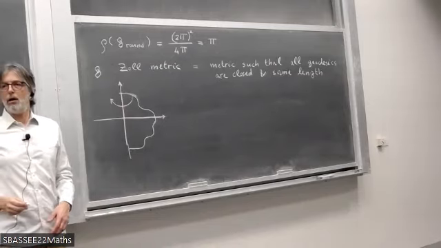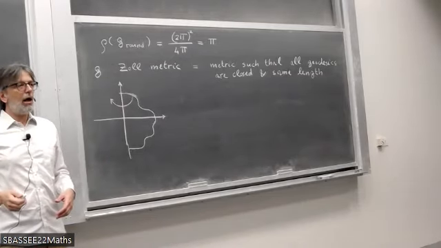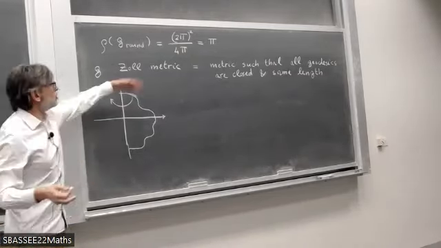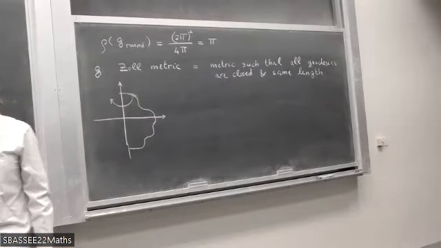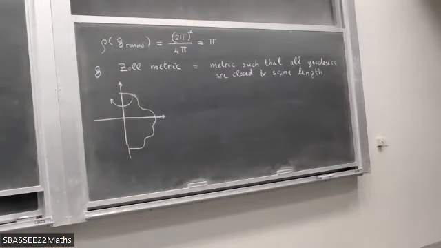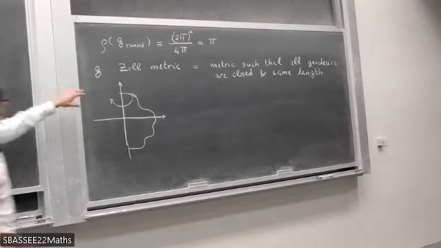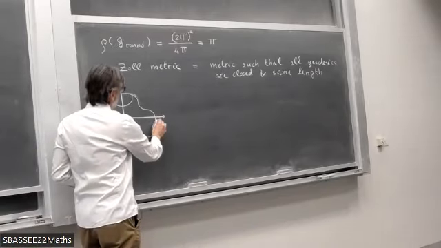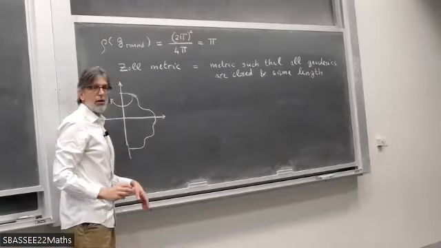Then I rotate this thing and I obtain a Zoll metric. So all my geodesics are closed and have the same length. So there is a huge space of such metrics. There is a bit of difficulty making things smooth here.